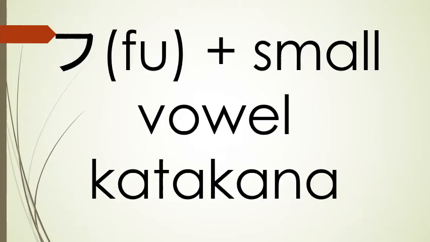So now that we've learned those, we're actually going to look at a family of sounds that you can form with a small katakana. So if we take our katakana hu and combine it with a small vowel katakana, we can get a number of different sounds. You may have noticed that in Japanese, hu is the only F sound that exists naturally in that language, whereas in other languages, there are lots of other different sounds that begin with F. So this is where this comes in, and I'm going to show you what I mean.